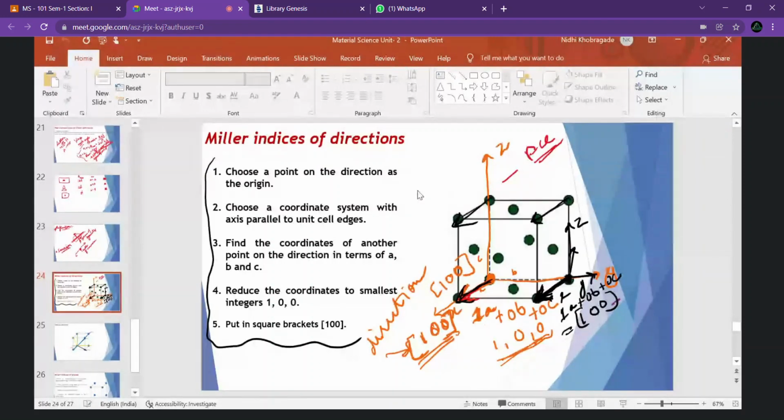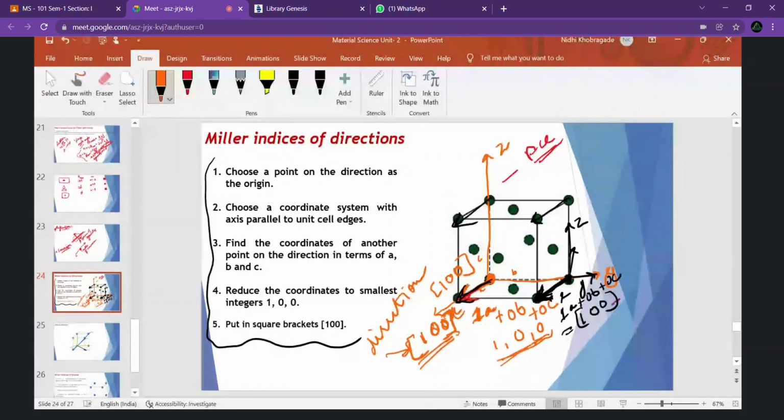Then after pointing the origin, we have to choose a particular coordinate system, that is x-axis, y and z. From those coordinates we have to point out the direction in terms of their lattice parameters. After getting that, we have to reduce the coordinates to the smallest integers, either by multiplying with some common factor or dividing by some common factor.